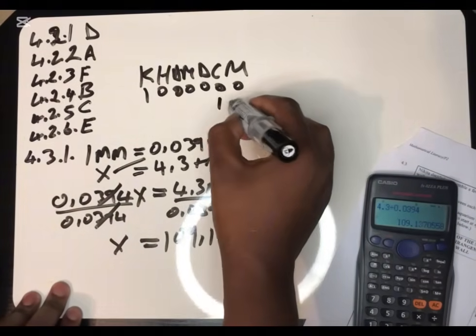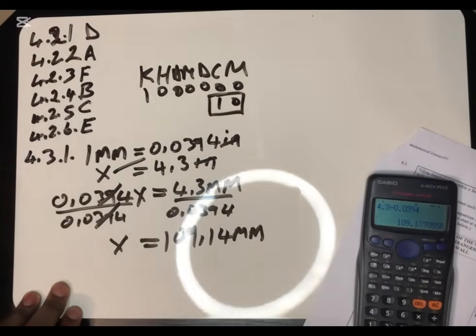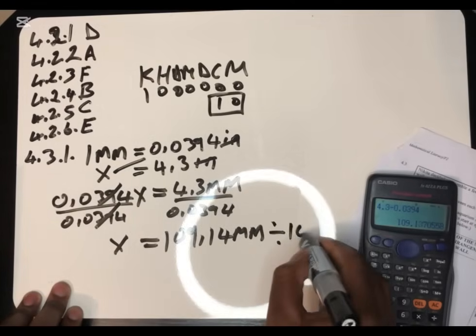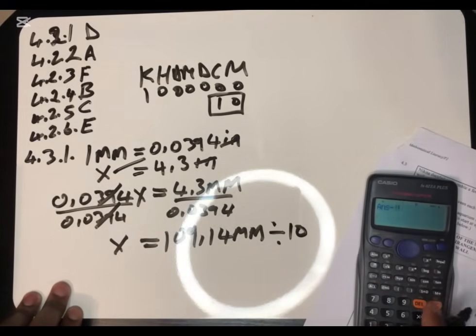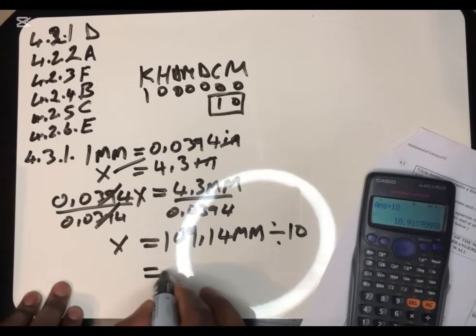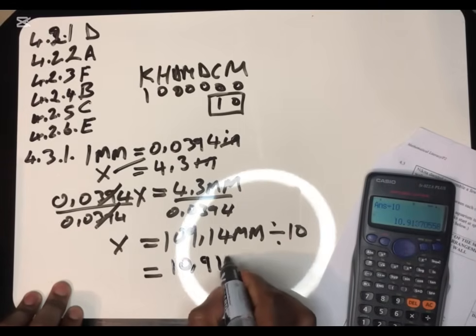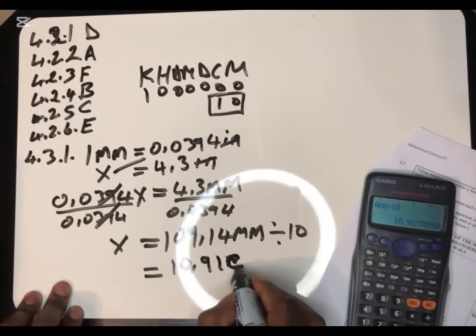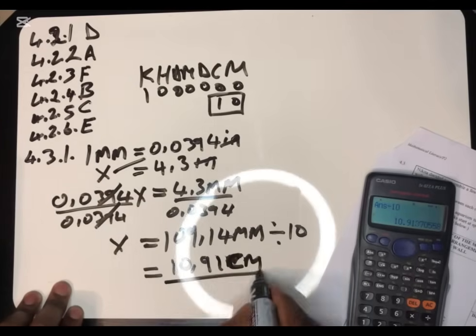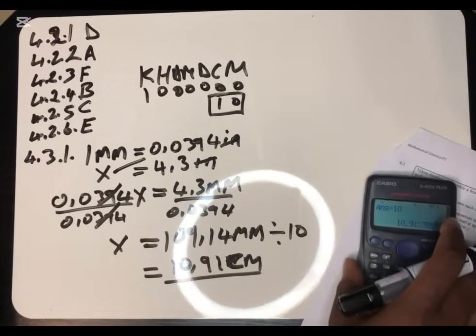The converting factor between the two is 10, so we just divide by 10. When we divide by 10, we find that it is 10.91 centimeters. Now we have converted this. 10.91 centimeters. So moving to the next question.